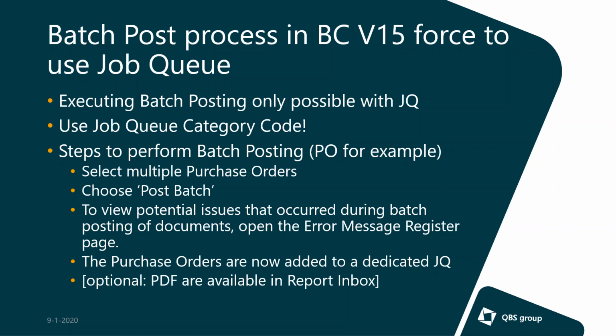And please be sure to use job queue category codes for that, because if you're not using those category codes, this could lead to blocking tables. And if you're using those category codes, it will be used by the code, and then the job queue task will go one by one, so that won't lead to blocking tables.